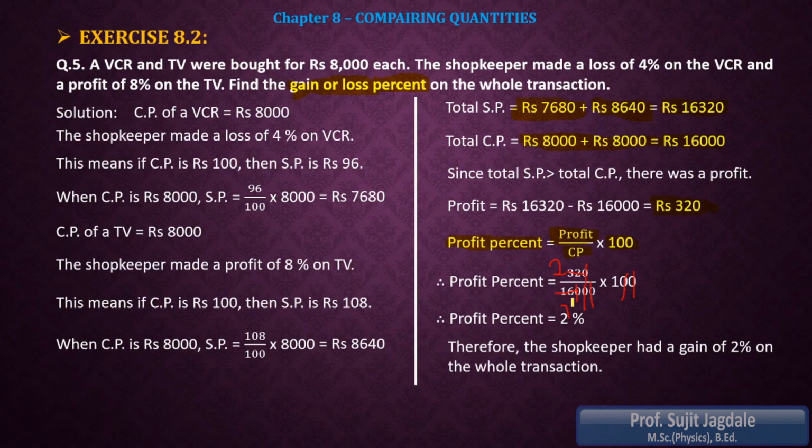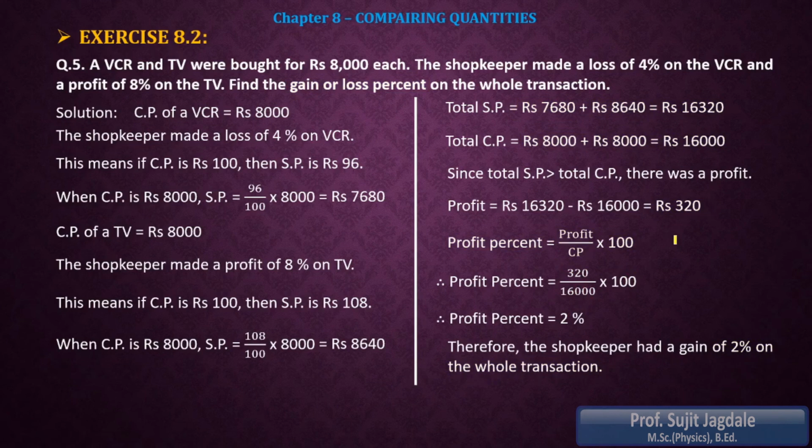So therefore the shopkeeper had a gain of 2% on the whole transaction. After getting the loss on VCR and getting the profit on TV, he is getting the overall profit of 2%. That means rupees 320 is the profit for that shopkeeper. So in this way we can solve the example.